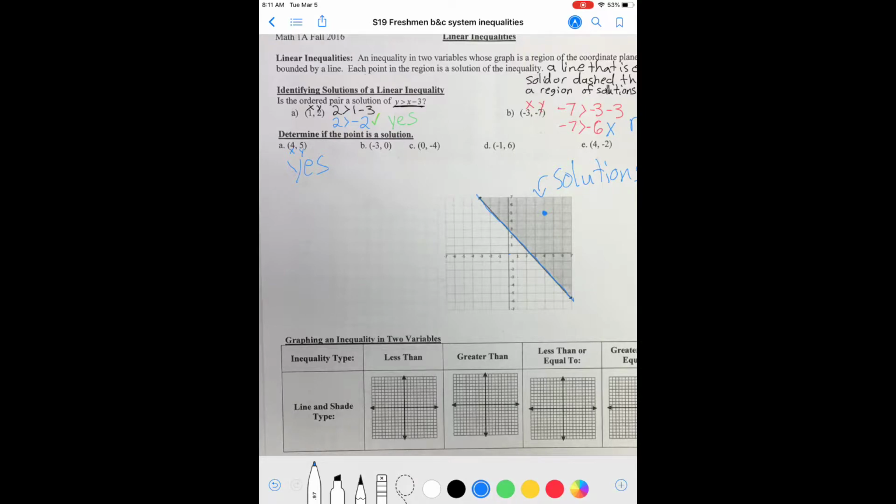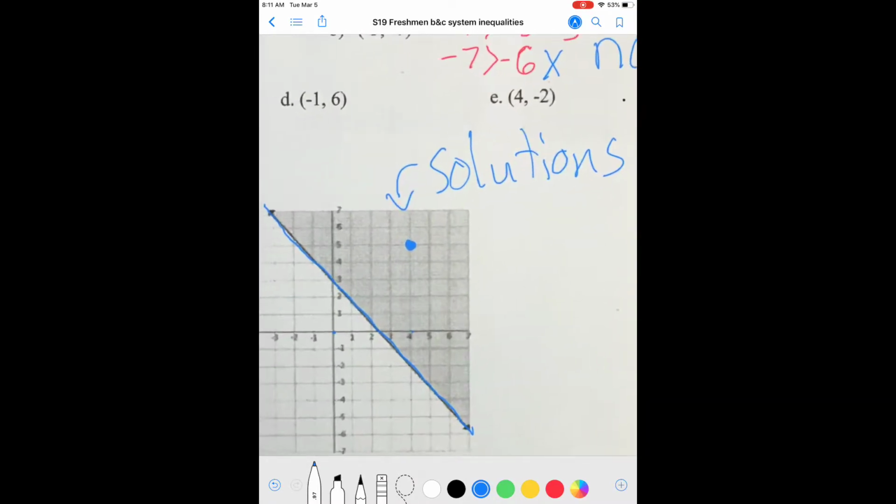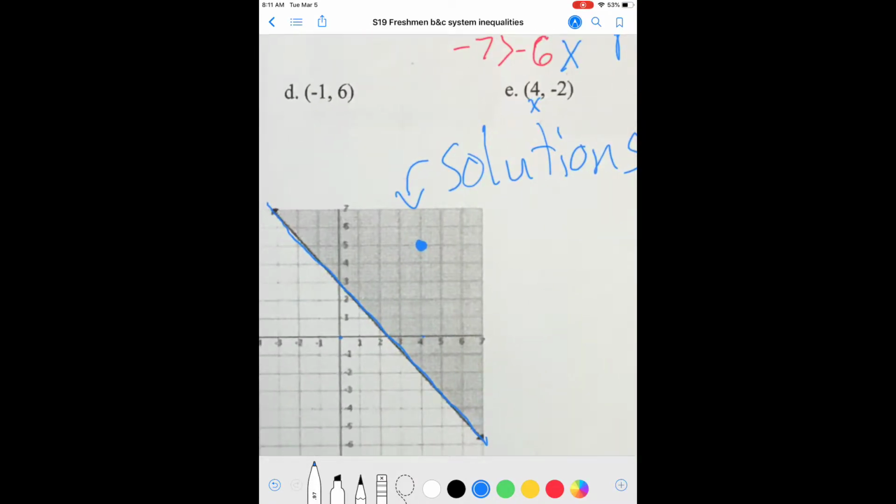Now I'm going to skip to 4, negative 2. So there's your x value, there's your y value. So start at the origin, go over to 4 like we did earlier, and down to negative 2.